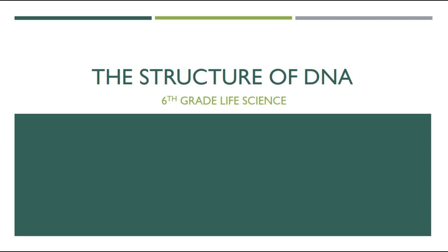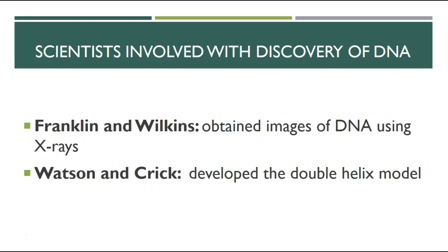Today we're going to be talking about the structure and function of DNA. But before we get into that, we need to know a little bit about the history of the discovery of DNA. And there are 4 scientists that we want to talk about briefly. The first is 2 scientists named Franklin and Wilkins.